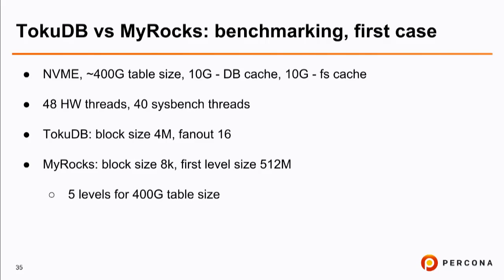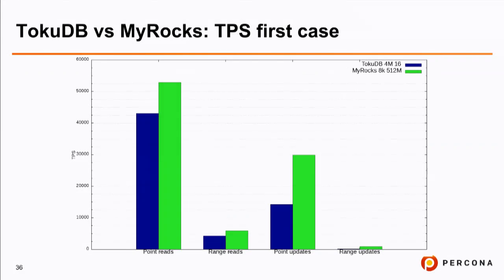I got configs with TokuDB options and with RocksDB options from his blog posts, and here's the results. Here we can see that MyRocks beats TokuDB on almost all kinds of loads.